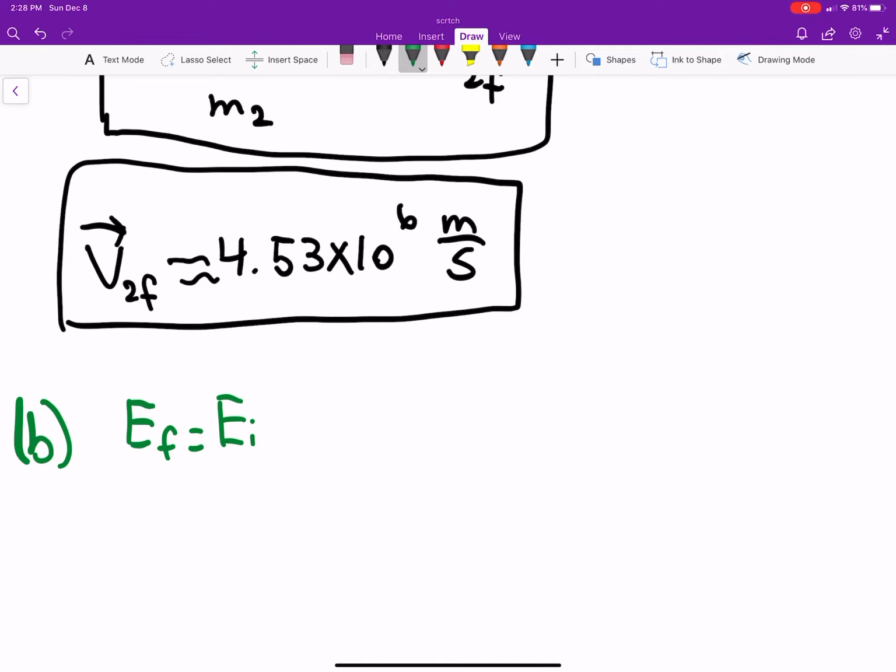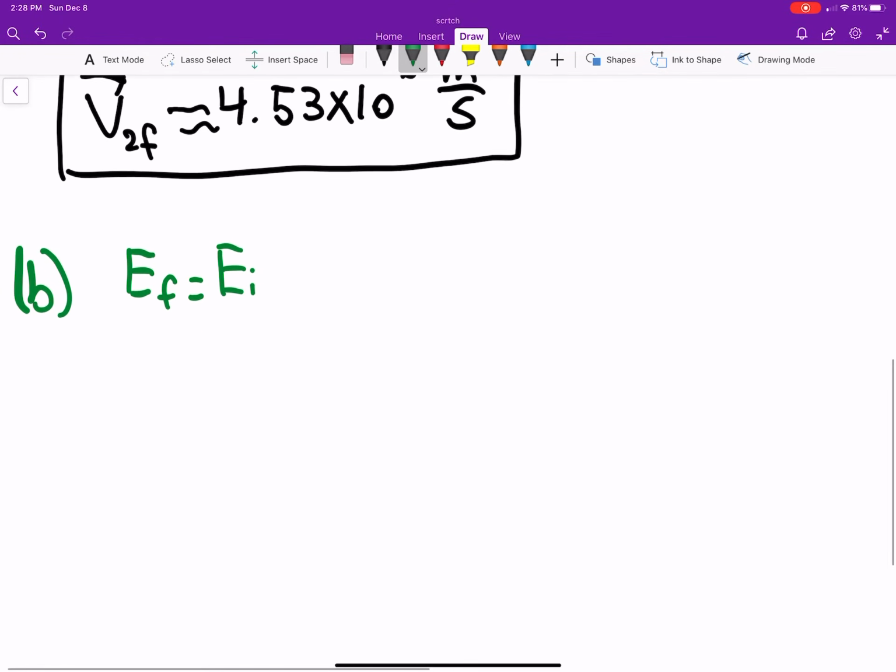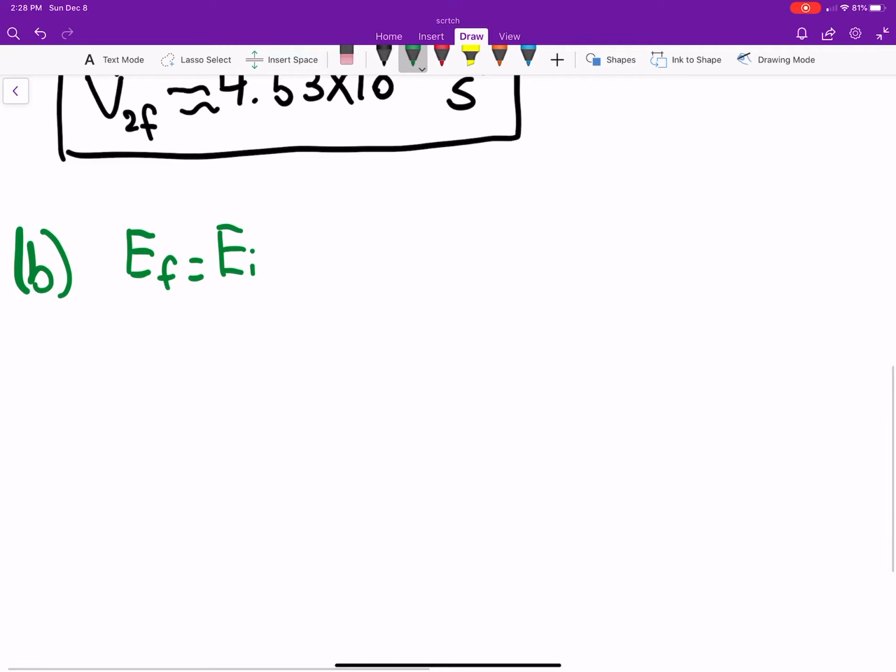Okay, well, we have to think of what kind of energy we have in our system here. And really, there's not going to be any potential energy. In fact, the only type of energy we're going to be looking at in this particular case is kinetic energy. So what we're really interested in is kinetic energy final equals kinetic energy initial.